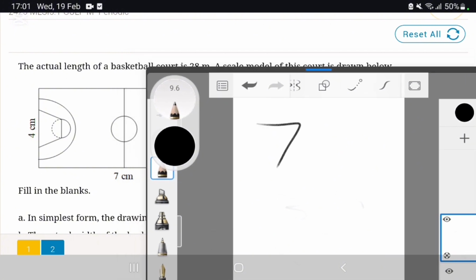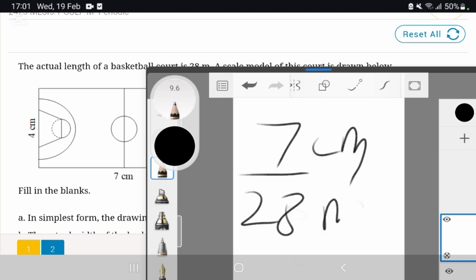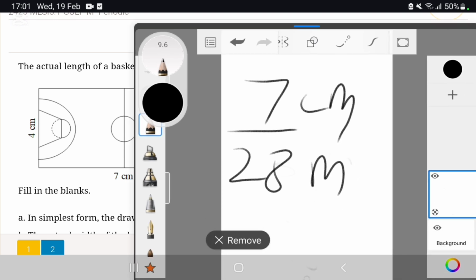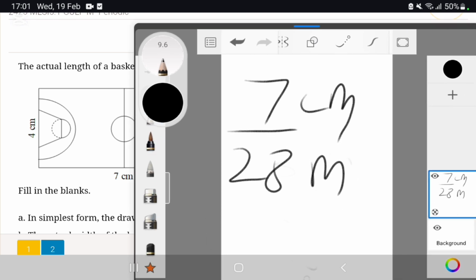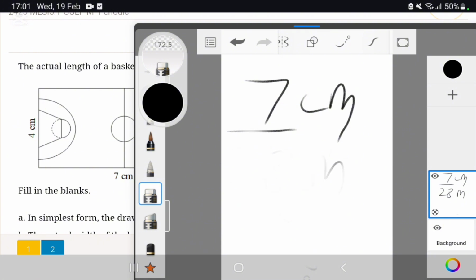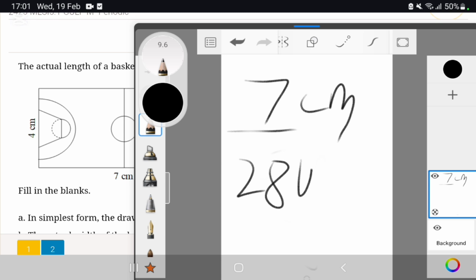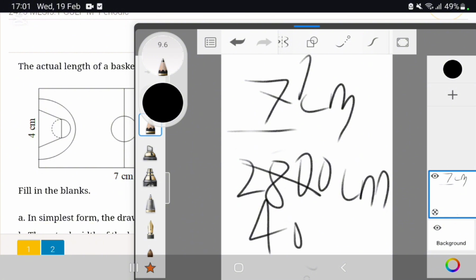So 7 over 28, centimeters over meters. But we're going to have to make the units the same, so we're going to multiply 28 by 100. So it's going to be 2800 centimeters. This will be 1, and this will be 400.